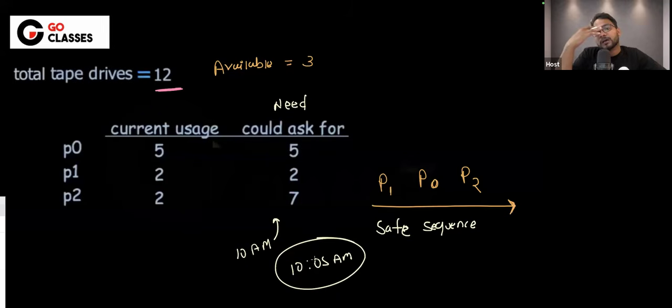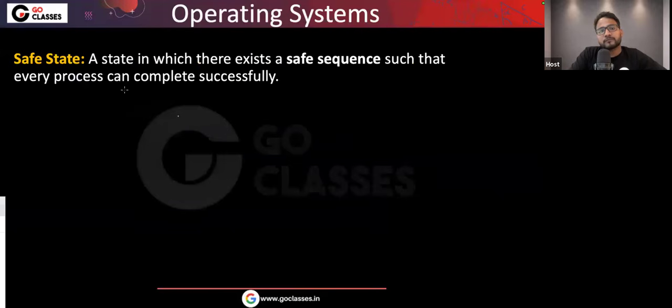So basically, here, given this system, you can have a safe sequence, which means first you fill the demand of P1, then P0, and then P2. And very easily, you can fulfill all the demands. And in this sequence, if you do it, that's not an issue, right? So basically, the system is in safe state. We also call the system is in safe state: basically, a state in which there exists a safe sequence such that every process can complete successfully.